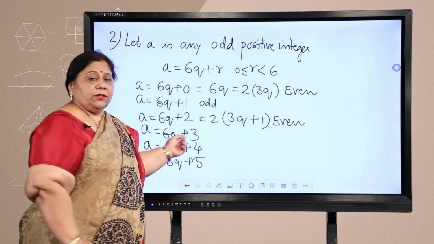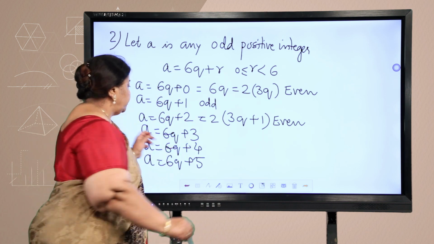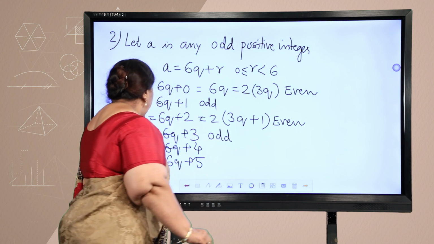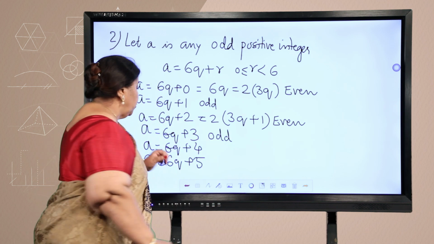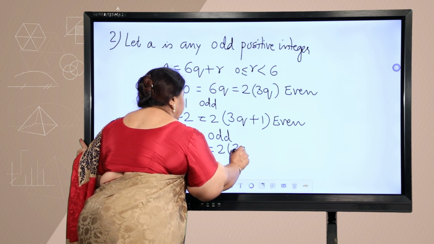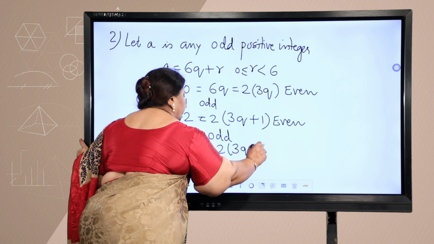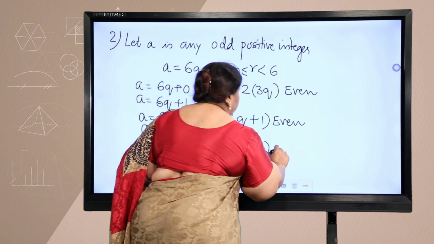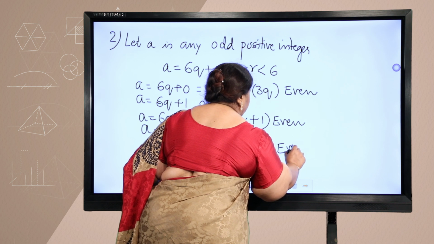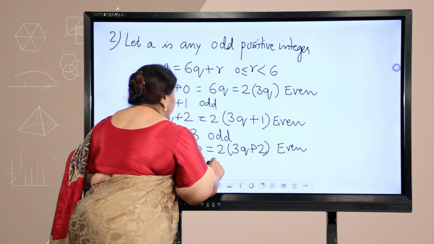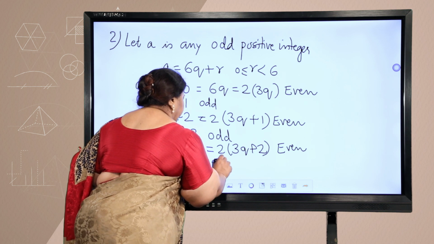In the next A is equal to 6q plus 3, this is an odd integer. Next A is equal to 6q plus 4. In this if I take 2 as common, I get 2 into 3q plus 2, suggesting that it is again a multiple of 2, therefore, it has to be even. A is equal to 6q plus 5, this appears to be odd.